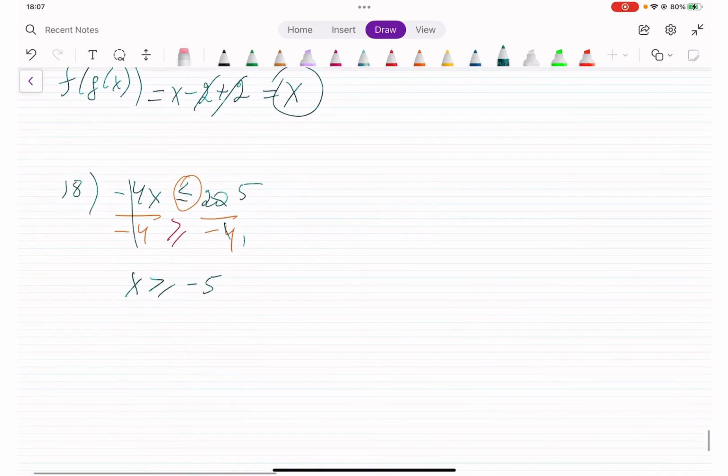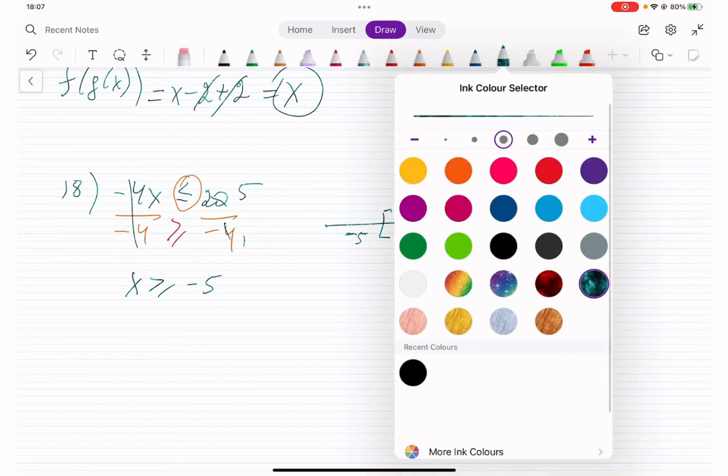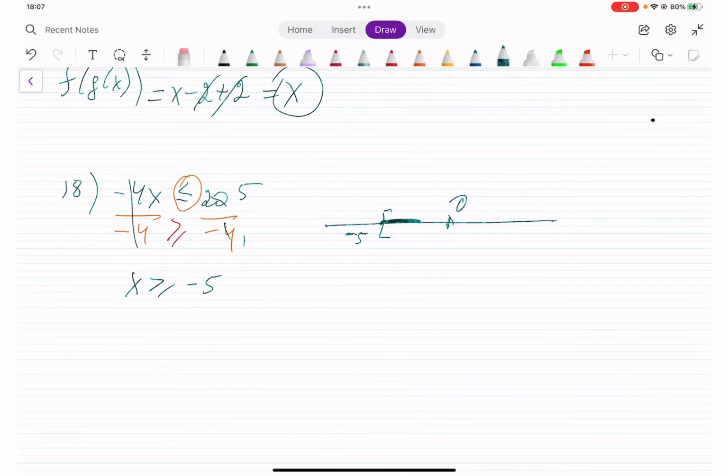Now to graph it, it's pretty straightforward. This is 0, this is negative 5, and because the equal sign is given, I put this bracket. That means negative 5 is included. And greater than negative 5, and the line is going to go towards greater than.